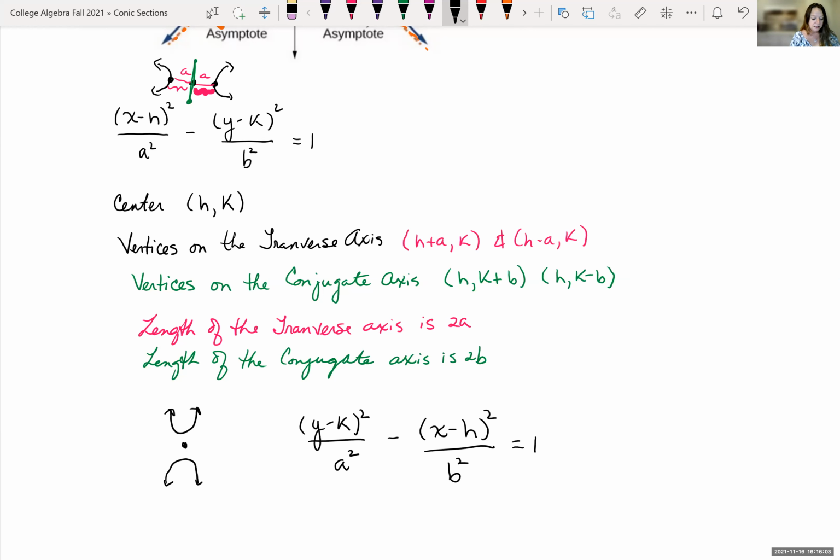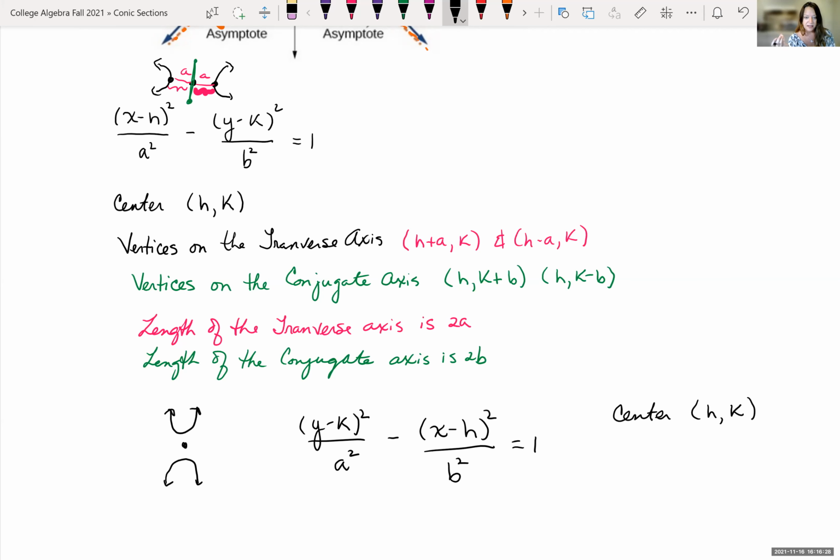So looking at this, we can see that the center, again, h is always with the x value, opposite sign. So our center is at h, k. So remember when the ellipse, I told you that the number in the denominator that was larger was always a. Don't get caught up in that with the hyperbola, because that's not the same.